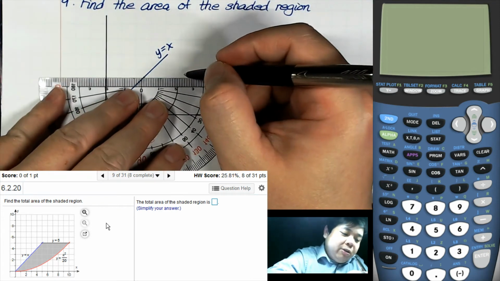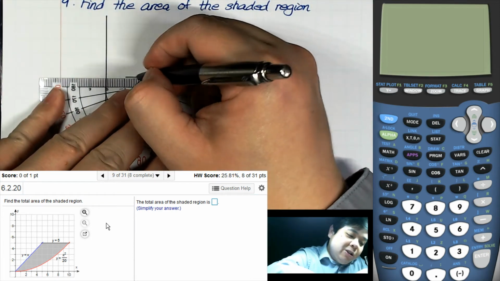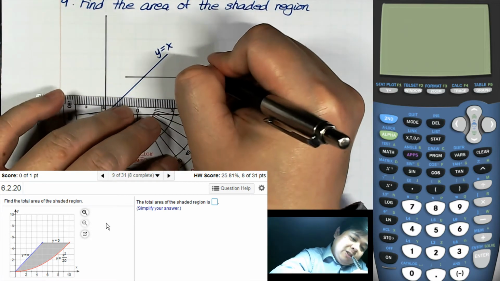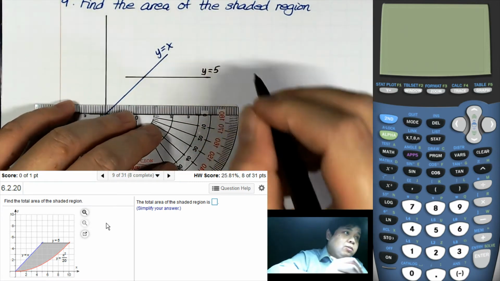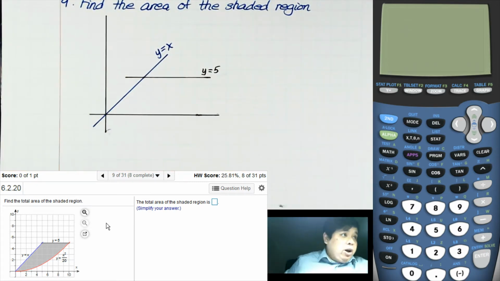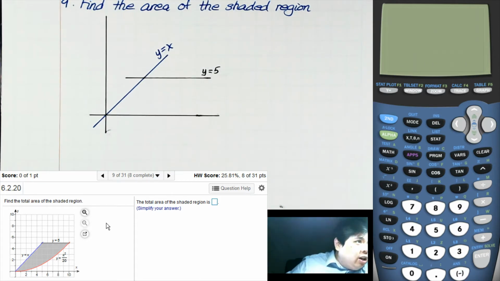Y equal to 5. And y equal to x squared over 20. Looks like the intercept at 10.